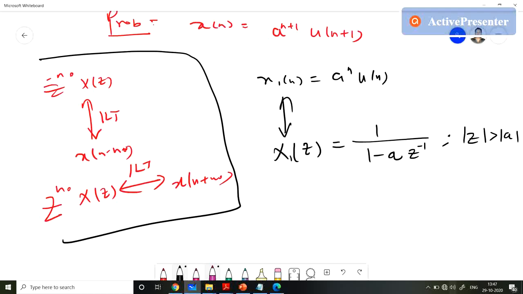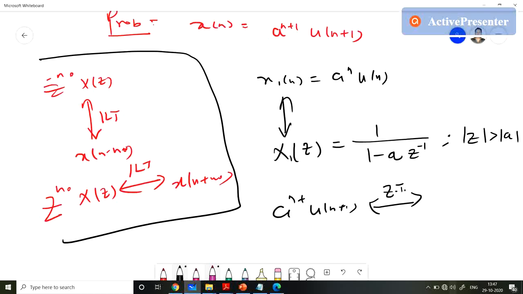Now if we take another signal, a raised to the power n plus 1 u[n plus 1], then what is n naught? n naught is nothing but 1 here.